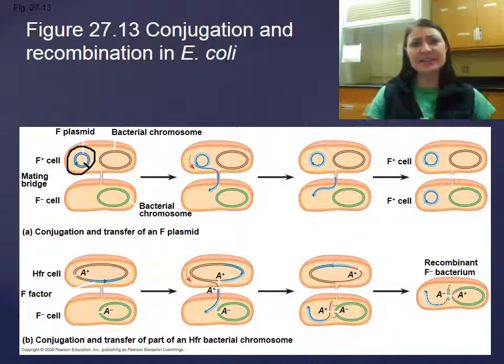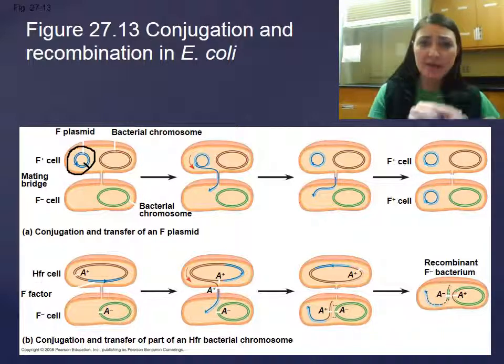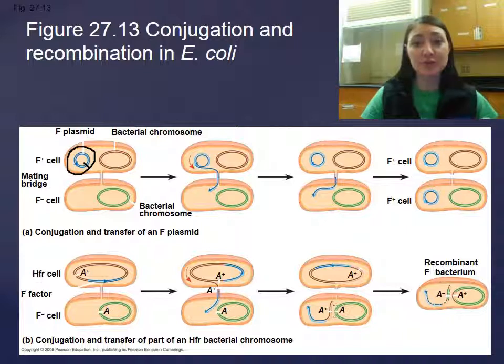As it starts to leave, that causes your F plasmid to replicate itself so that it has a full set of the F plasmid again. It will cross through the mating bridge and into the new cell, and it reforms into a circular plasmid. So now both cells have the F plasmid, and both can be donors in the next conjugation event.